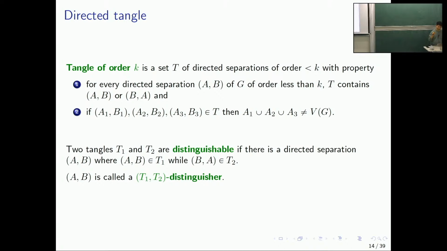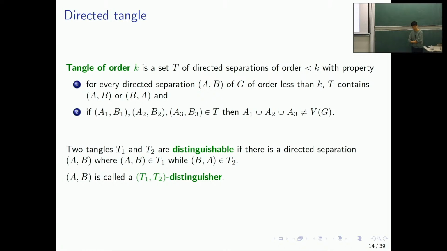The second condition is slightly different. Whenever you have three separations, the union of A1, A2, A3 is not equal to the whole graph. We don't care about the induced subgraph for each small part, but just say that the union of three parts is not the whole graph. There could be edges from the small part to the big part, or from the big part to the small part.